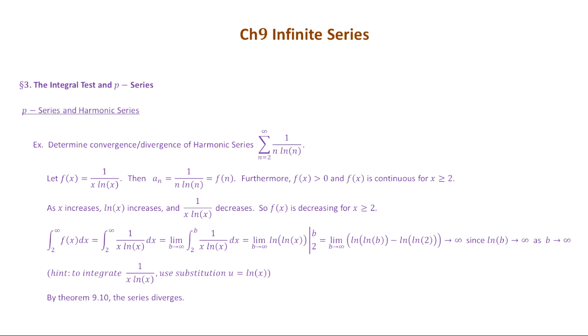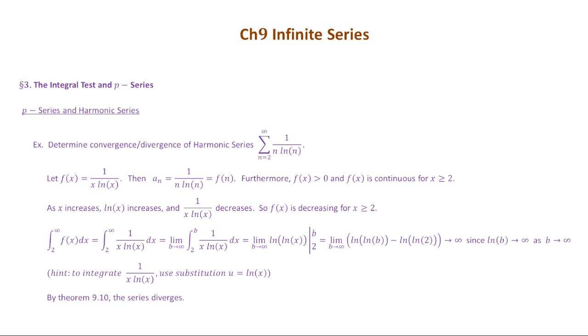Just be a little cautious about this. So we need to integrate 1 over x times ln x from 2 to infinity. Again, we just do this improper integral in 2 steps. So you integrate from 2 to b, and then take the limit with b approaching infinity. All right, so how to integrate 1 over x times ln x?